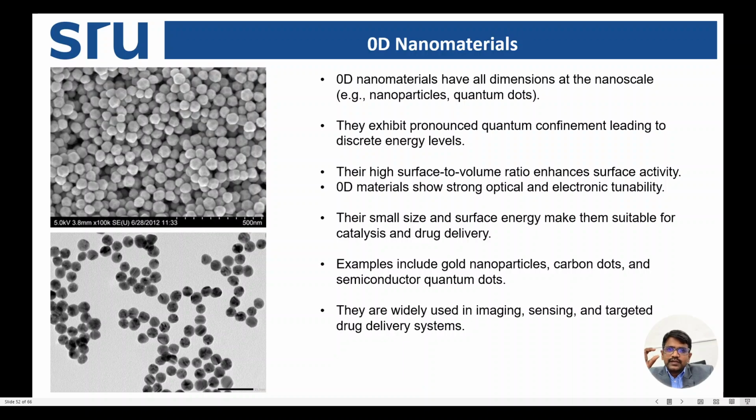QLED, quantum dot LED. Quantum dot is a zero-dimensional material, so it provides very good optical and electrical properties. That's why it is used in trending applications, in today's quantum dot LEDs.